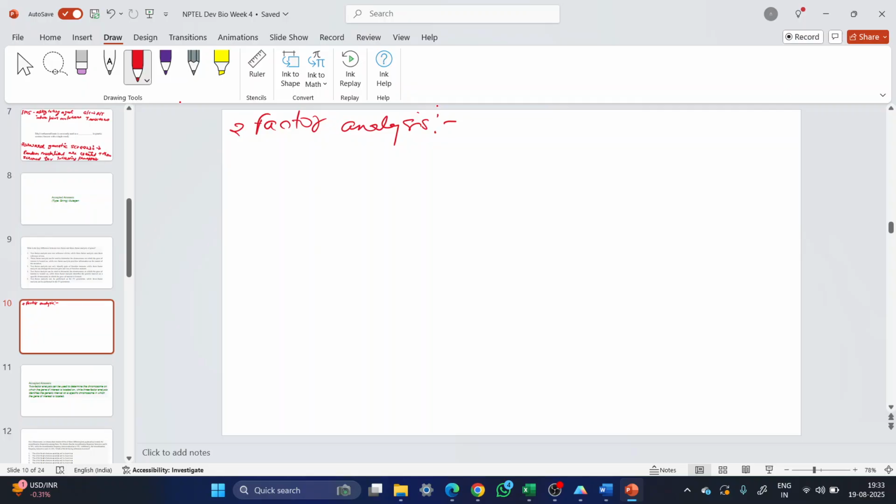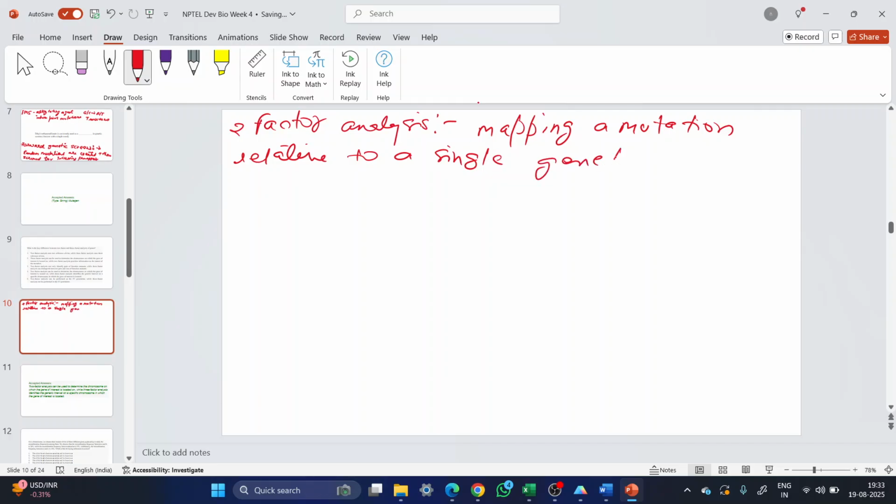So this two-factor analysis refers to mapping a mutation relative to a single genetic marker.